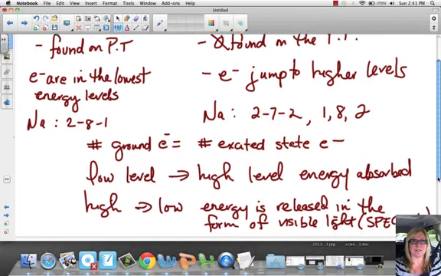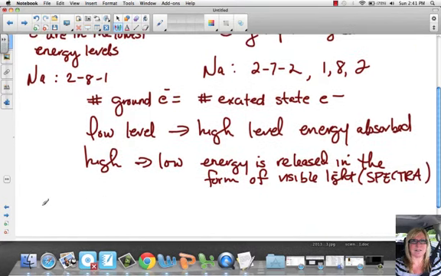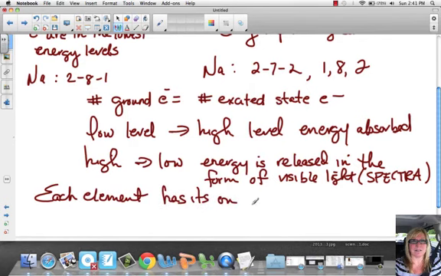And remember that the spectra for an element is unique, okay? Each element has its own spectra, which is specific to it. That's why scientists can determine what gases are present in stars.